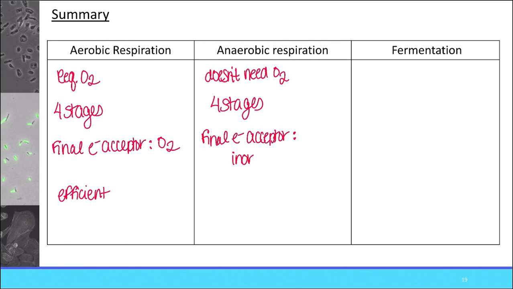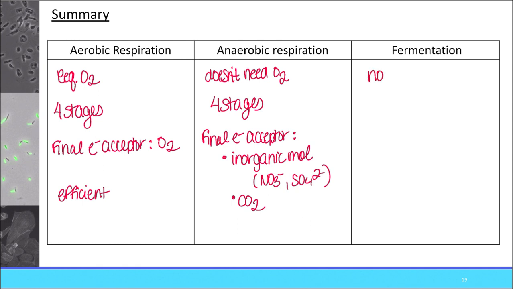It tends to be an inorganic molecule, and great examples are NO3-, SO4 2-, and then we also talked about an example where we can have CO2 in the case of methanogens. This process is definitely more efficient than fermentation, but depending on the organism, it can be a little less efficient than aerobic respiration.